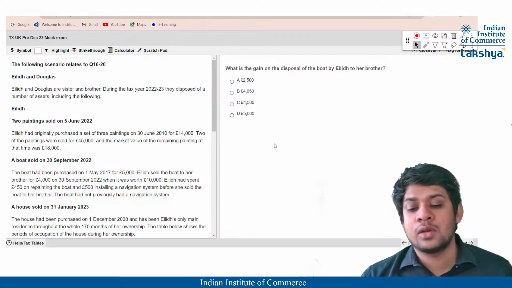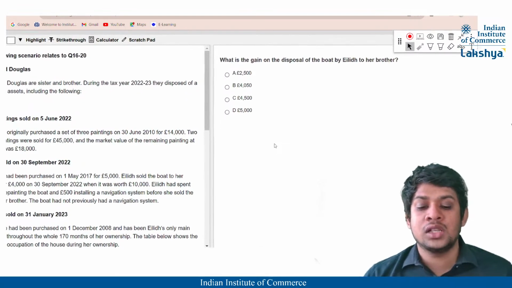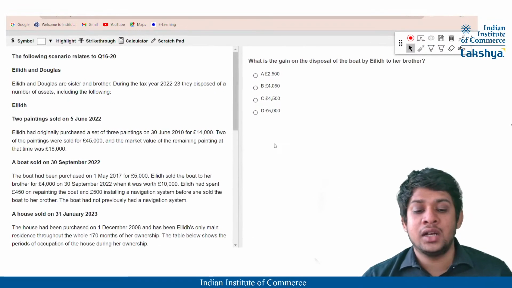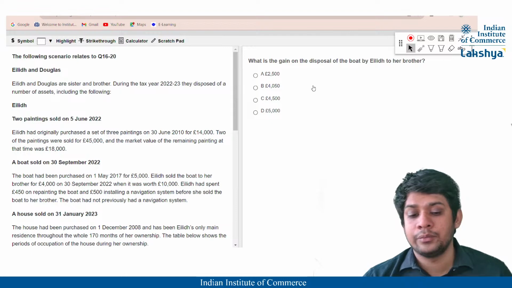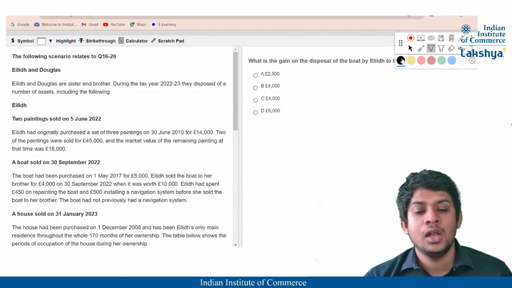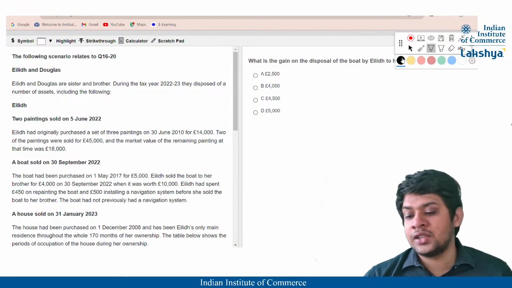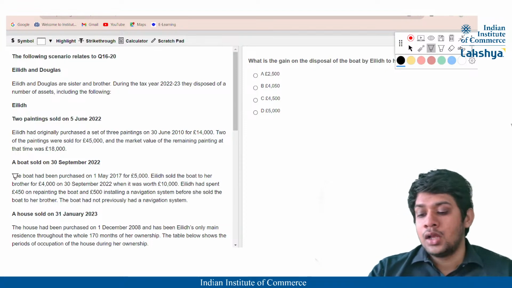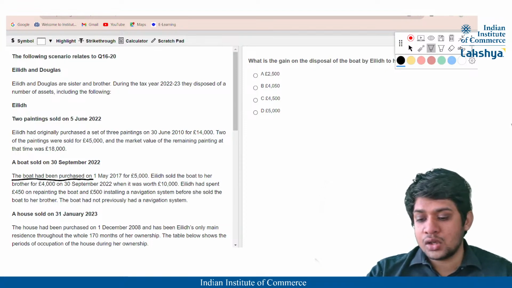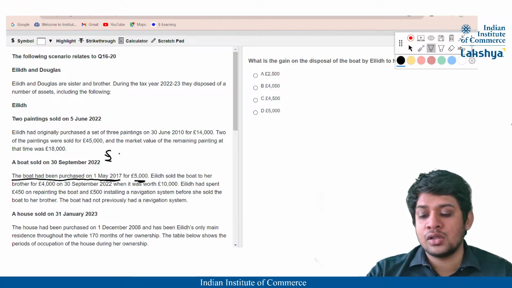The next question: what is the gain on the disposal of a boat by Elidith to her brother? Boats are your wasting chattels. The boat had been purchased on 1st May 2017 for £5,000, so the cost is £5,000.